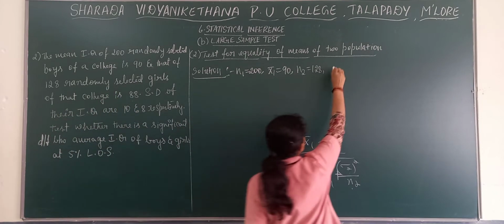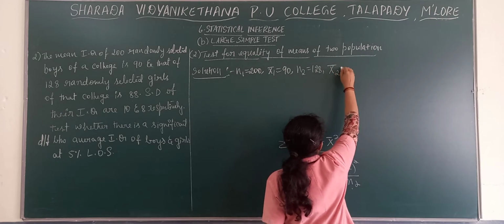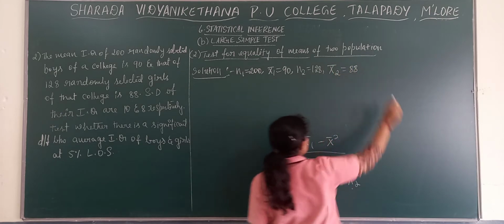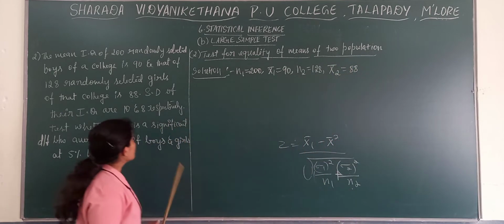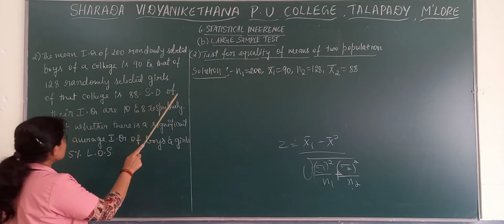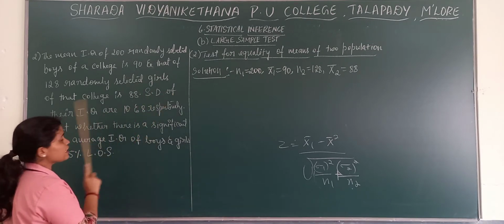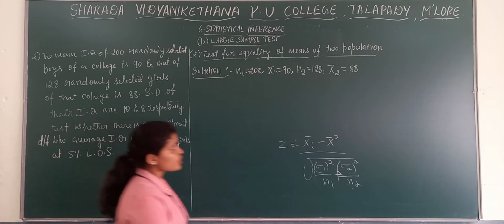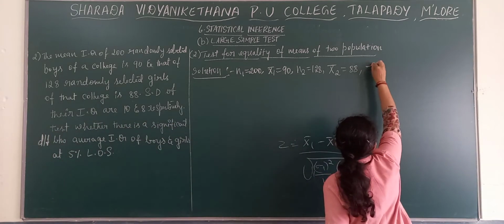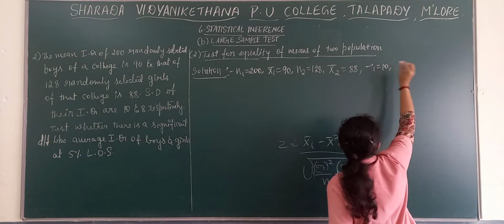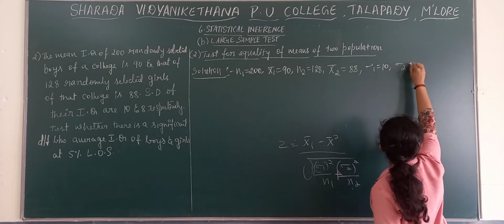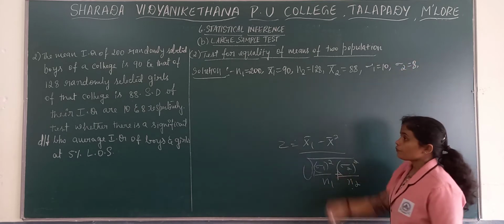So x bar 2 is equal to 88. Now continue: standard deviations of their IQ are 10 and 8. So standard deviation 1 is equal to 10 and standard deviation 2 is equal to 8.